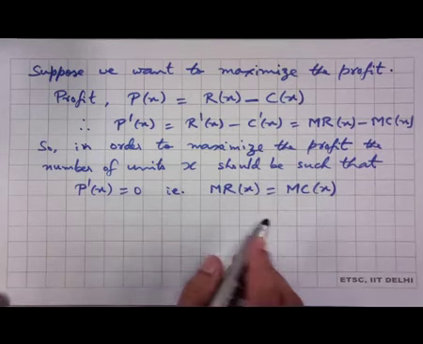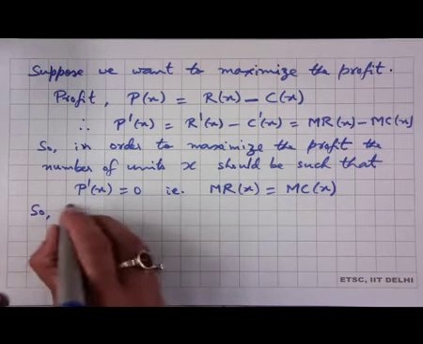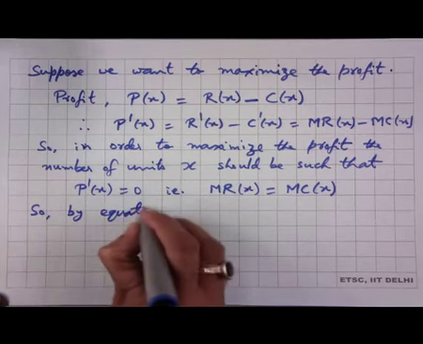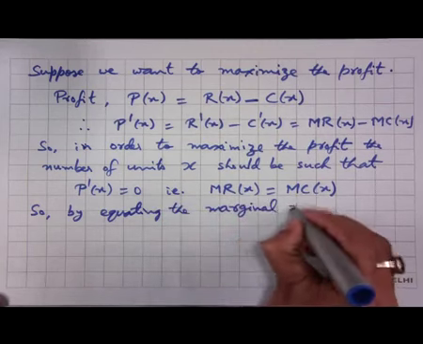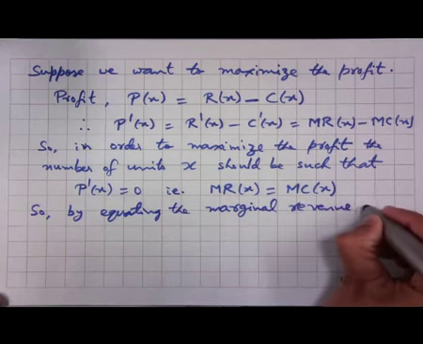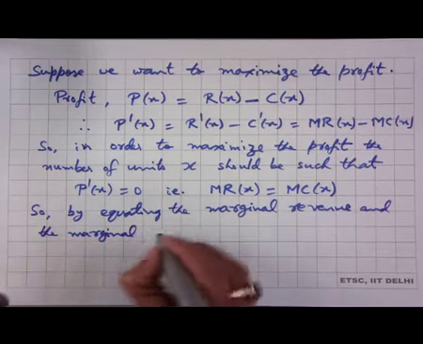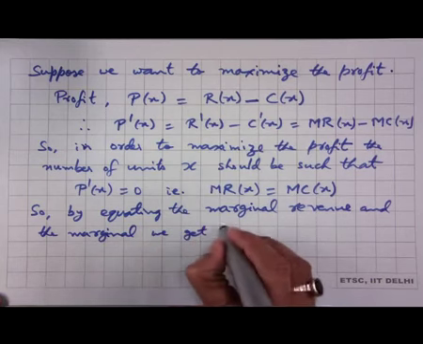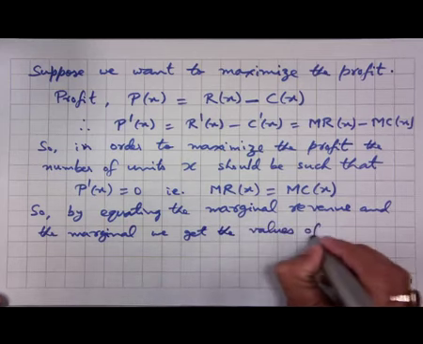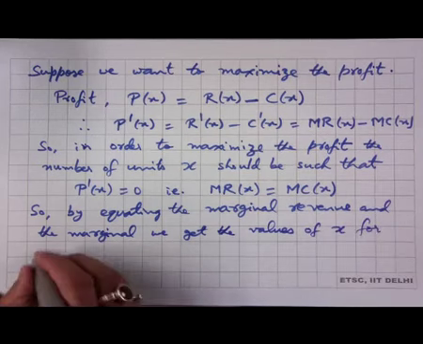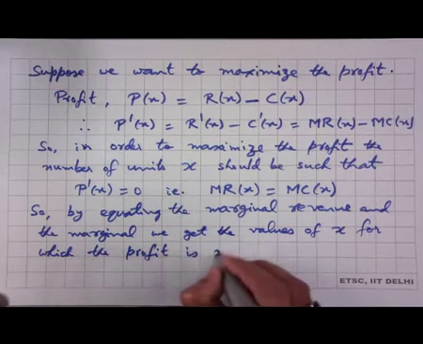So, by equating the marginal revenue and the marginal cost, we get the values of x for which the profit is maximum.